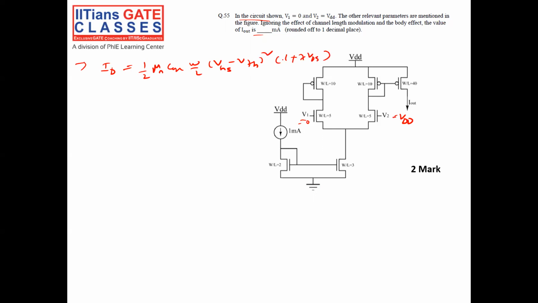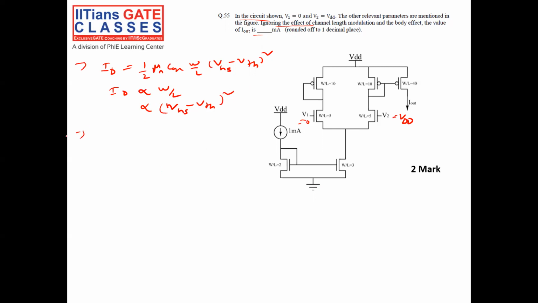Since it says ignore the channel length modulation, I have to ignore this factor. So this is not there for this particular question. Now you understand my ID is proportional to W by L, and also proportional to (VGS minus VTH) square, right?